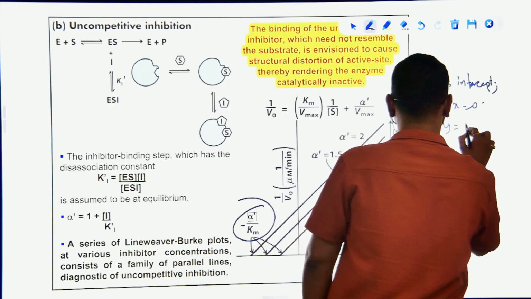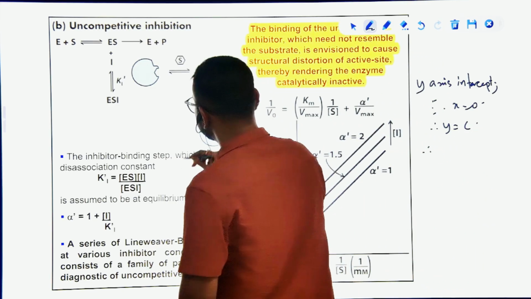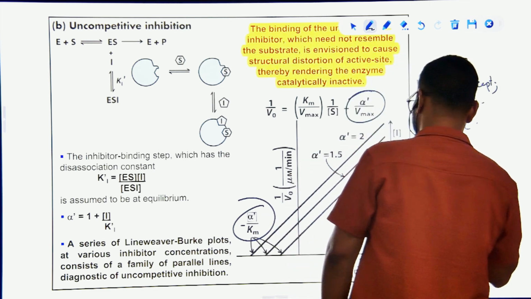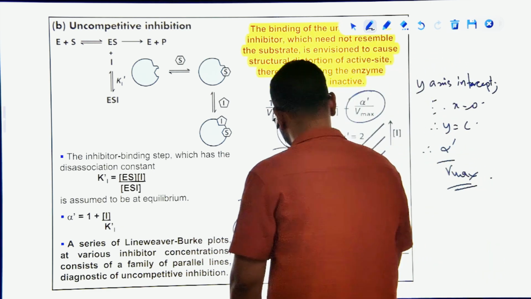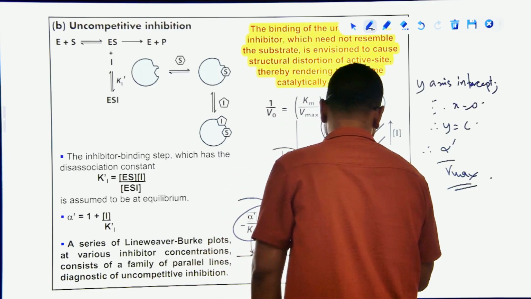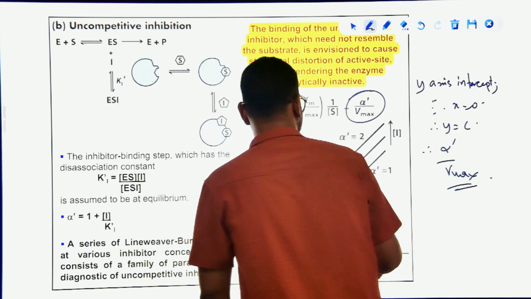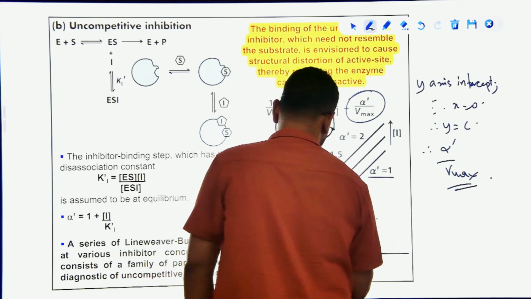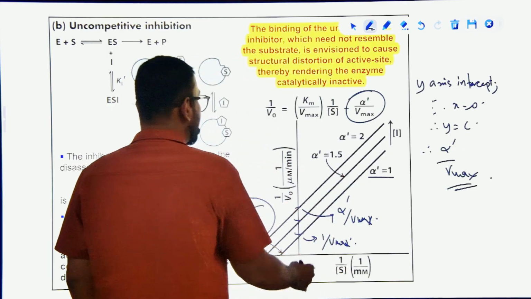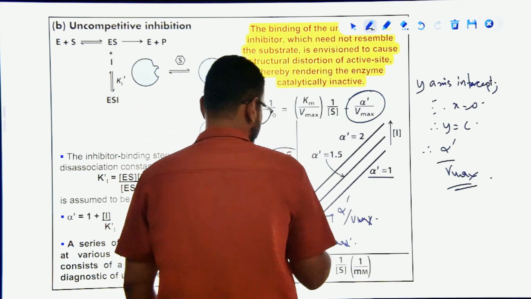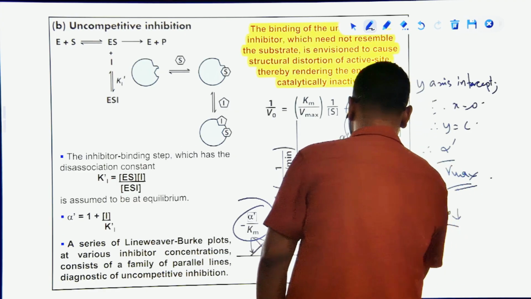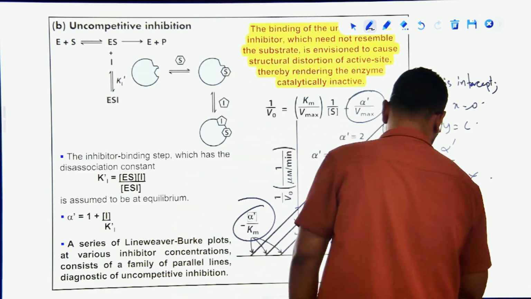Therefore, y equals c, and c is alpha dash by Vmax. So our y-axis intercept is alpha dash by Vmax, meaning 1 by Vmax. So Vmax over here is decreasing. 1 by Vmax is increasing, that means Vmax is decreasing.